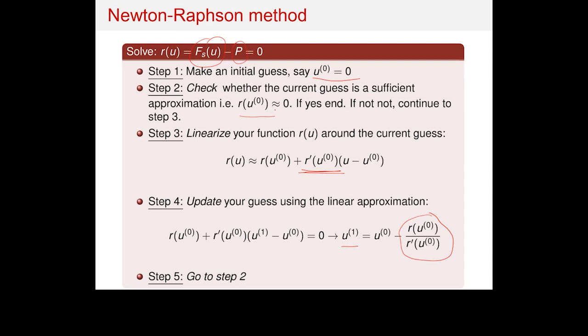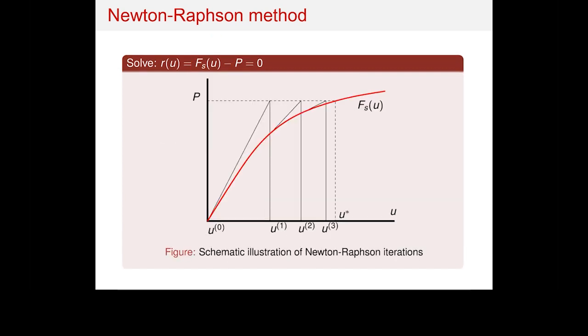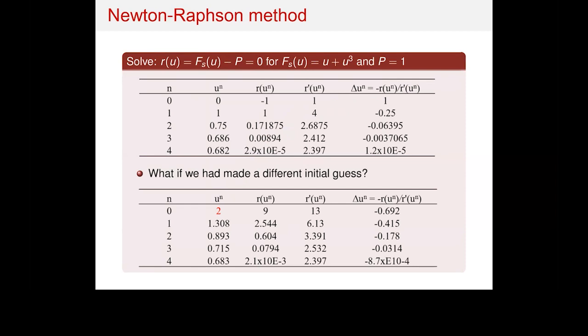You check the residual. If the residual is still not 0, you go through these steps one more time. And you keep repeating this until you get the residual equal to 0, or a very small residual.